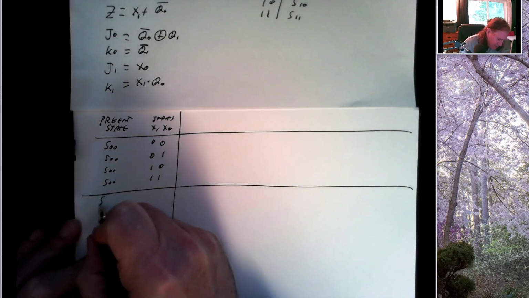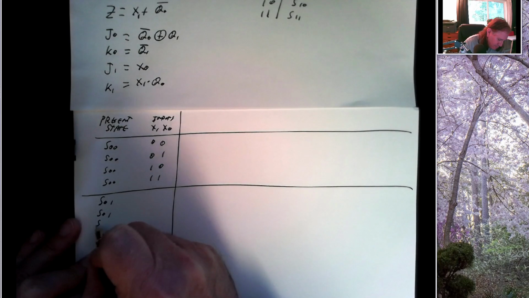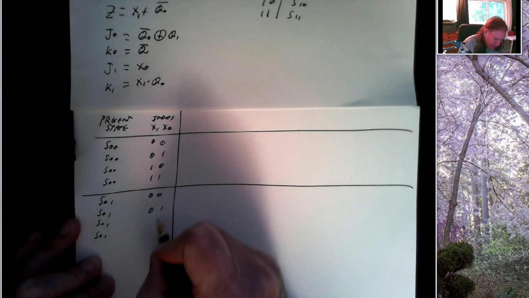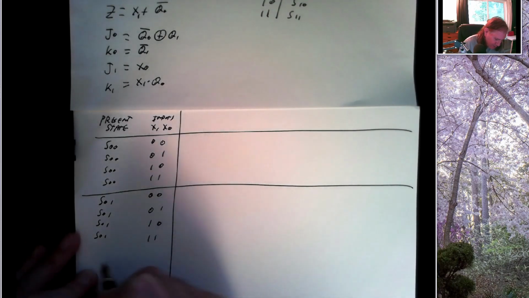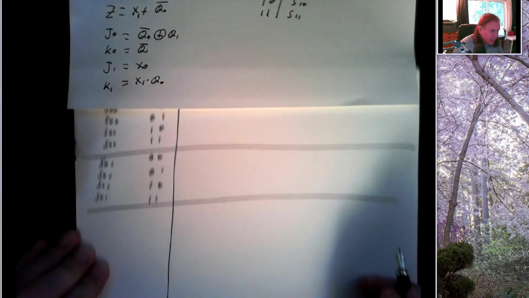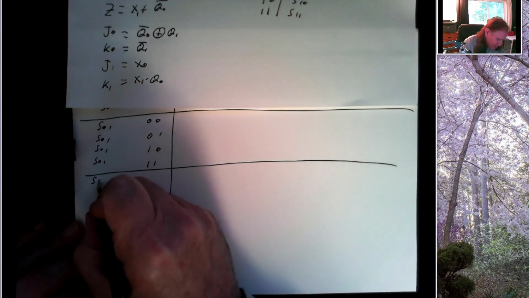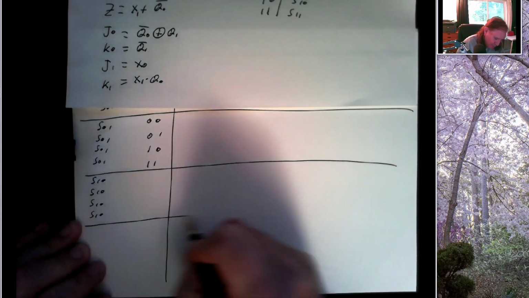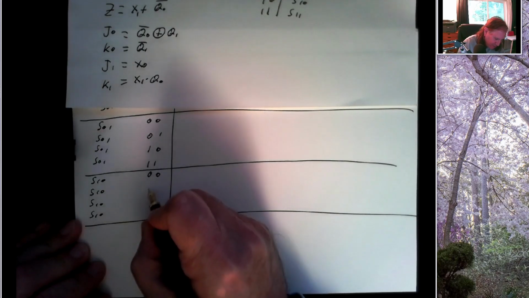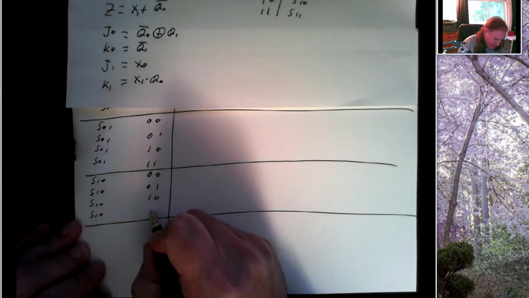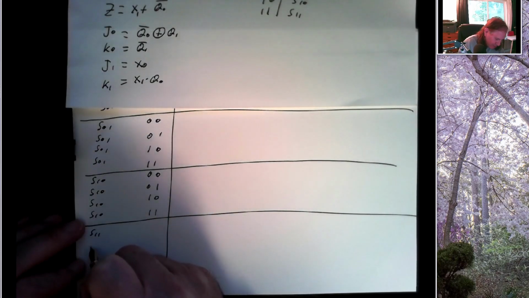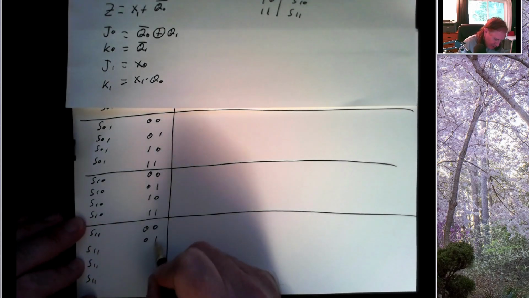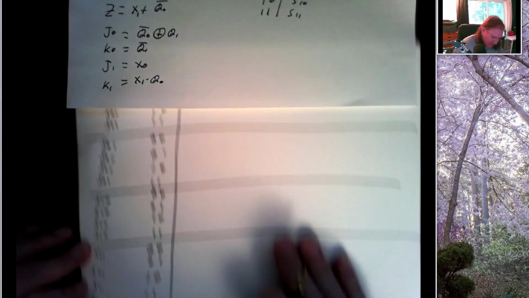We could be in state S01, and our inputs could be 0, 0, 0, 1, 1, 0, or 1, 1, and so on. We could be in state S10 with any of those four combinations of x1 and x0, or we could be in state S11 with any of those combinations.